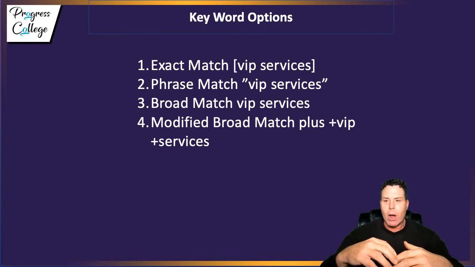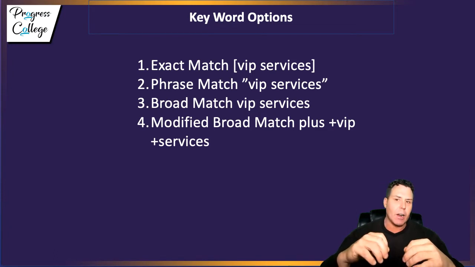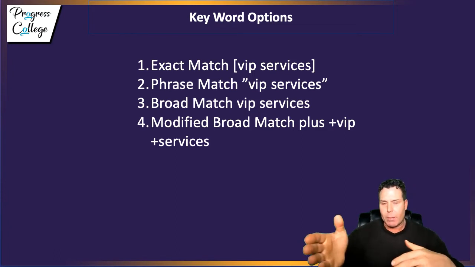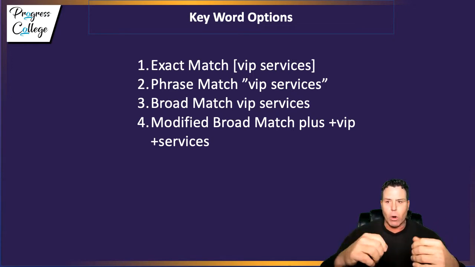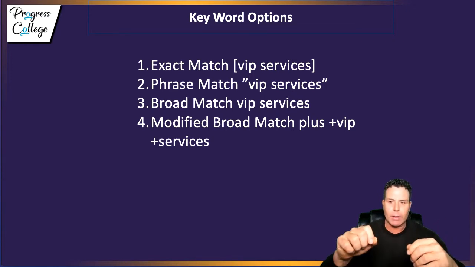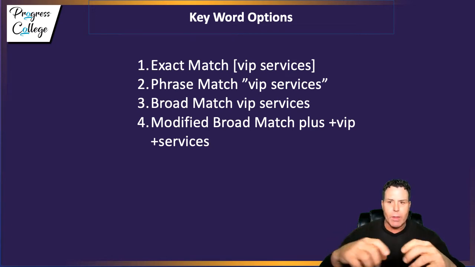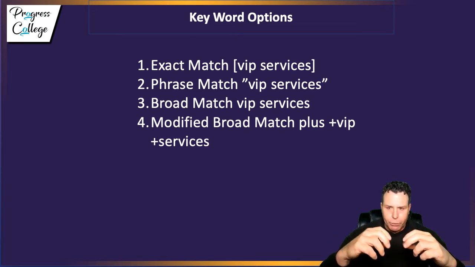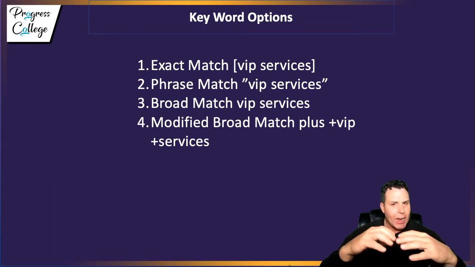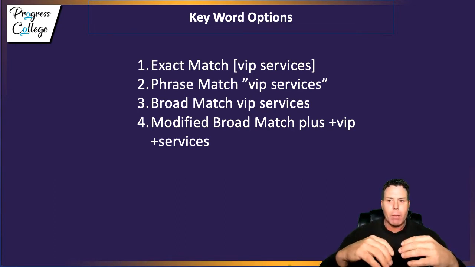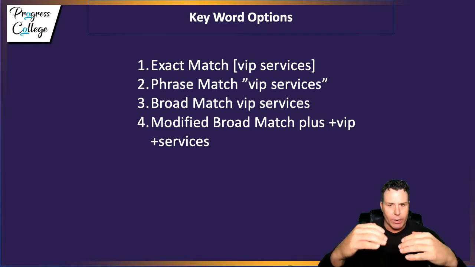Now I could also have that set up, for this example I'm using VIP services, as a phrase match. So if I had VIP services Las Vegas, that would be considered a phrase match because it's part of the phrase. It doesn't match exactly, but it matches the phrase.